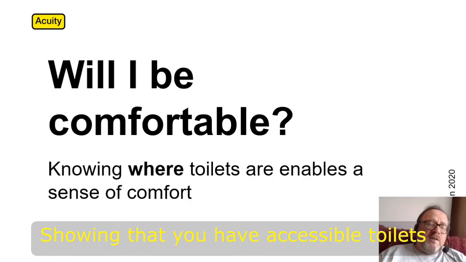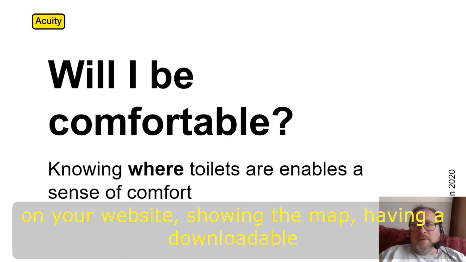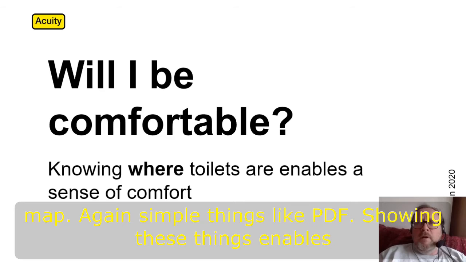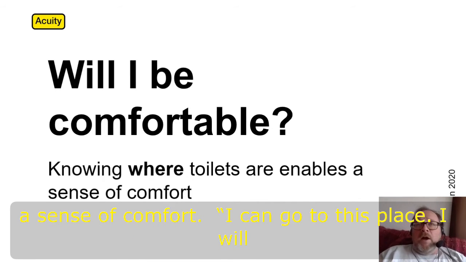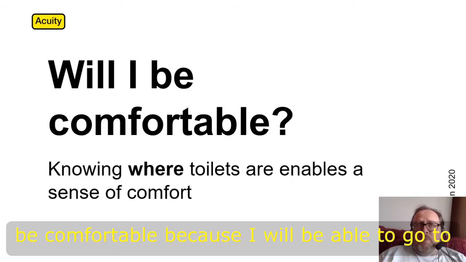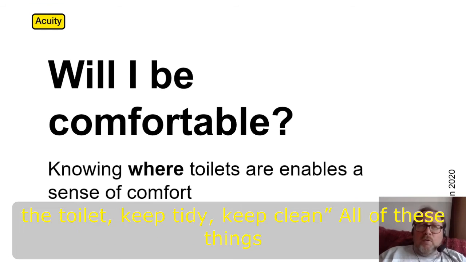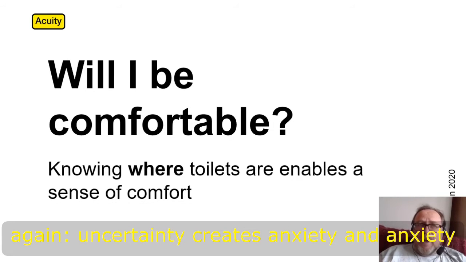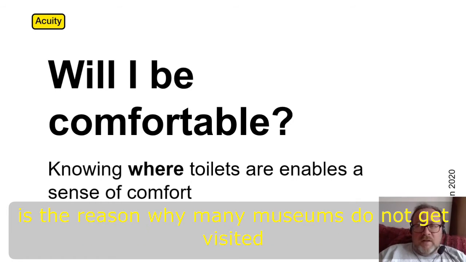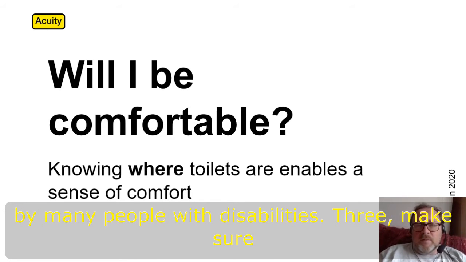Showing that you have accessible toilets on your website, showing a map, having a downloadable map, again, simple PDFs, showing these things enables a sense of comfort. I can go to this place, I will be comfortable because I will be able to go to the toilet, keep tidy, keep clean, all of these things. Again, uncertainty creates anxiety, and anxiety is the reason why many museums do not get visited by many people with disabilities.